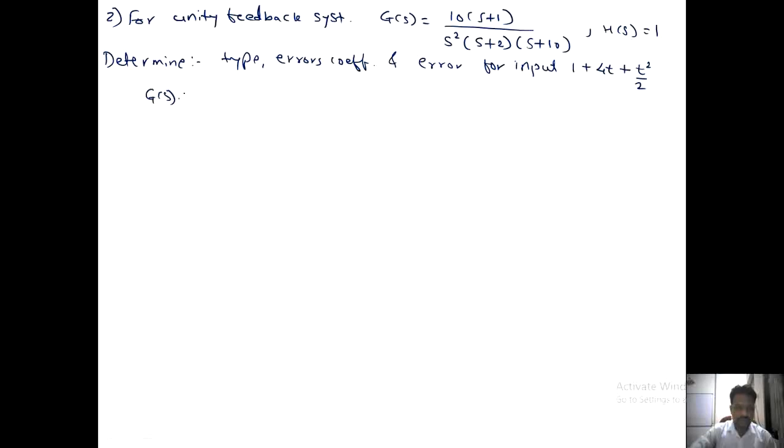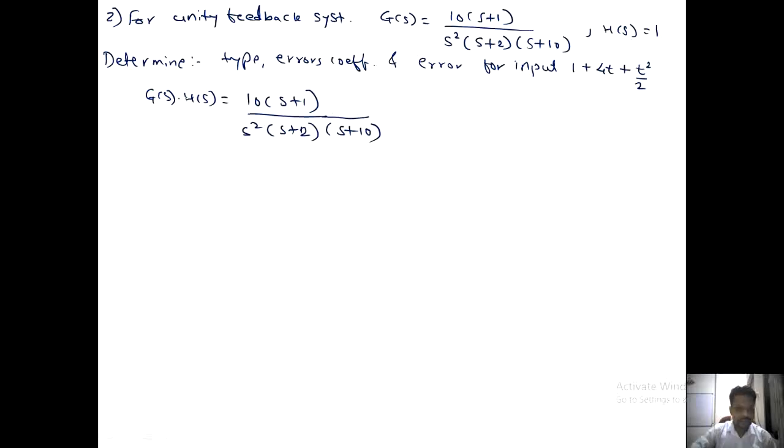G of s into h of s equal to 10 (s plus 1) by s square (s plus 2) (s plus 10). So what is the first step?